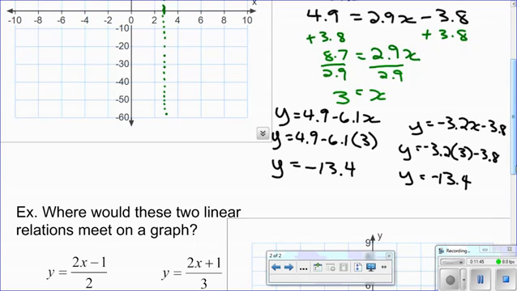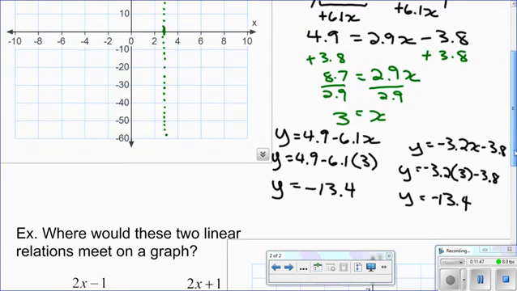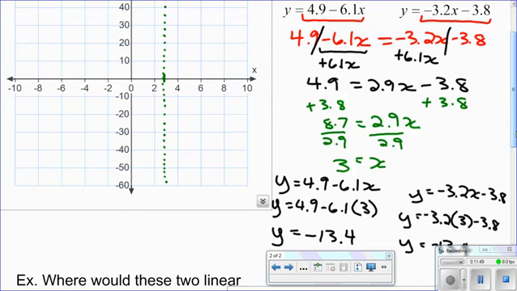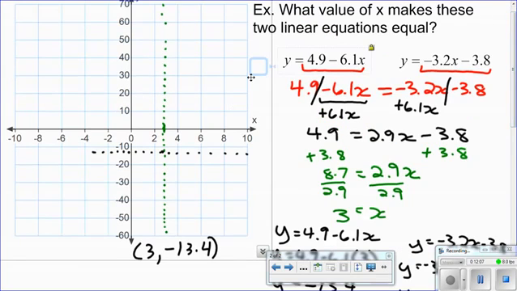Doesn't matter which one I use. So that means the point where they cross is going to be when x is 3 and y is negative 13.4. So they should cross somewhere around here. It's close.